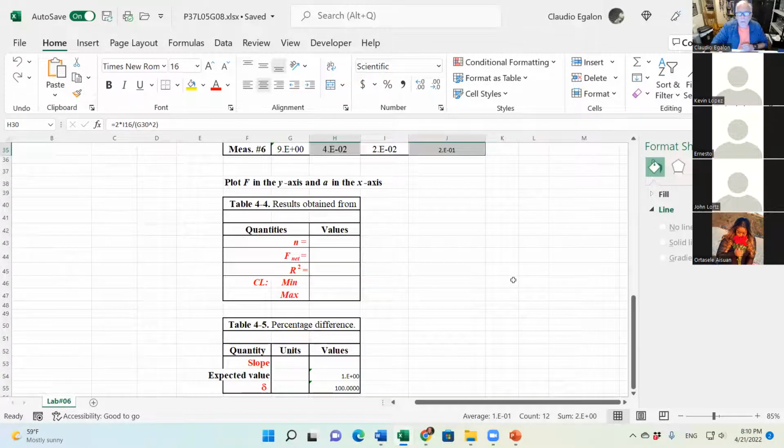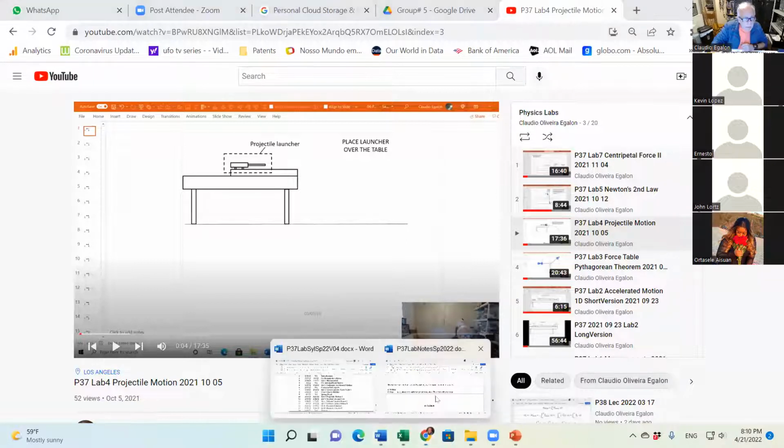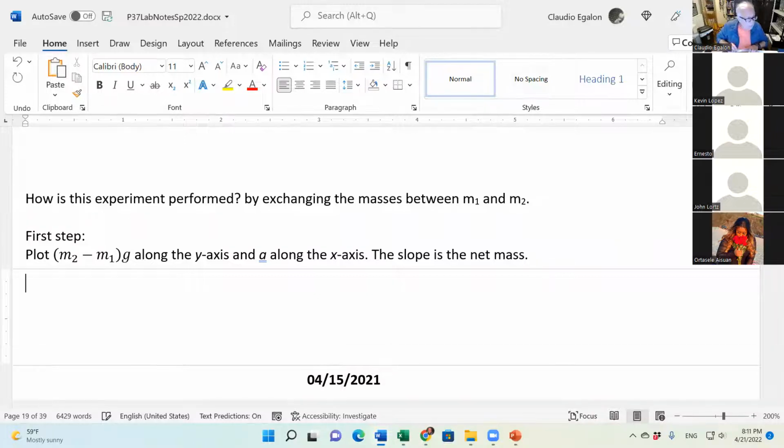Okay, while you work there on your side, let me go to the restroom and I'll be back shortly. After plotting, log the slope of the graph in the last table.